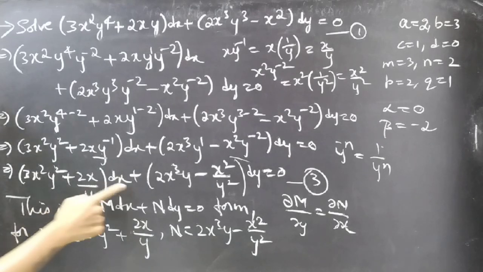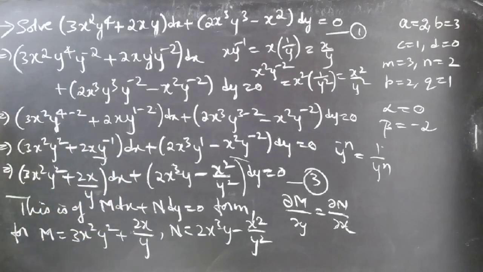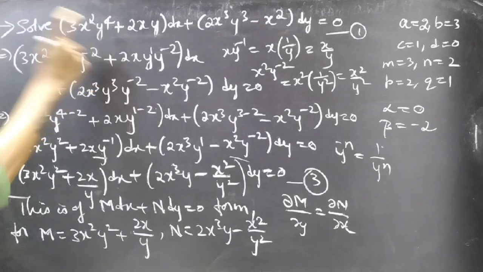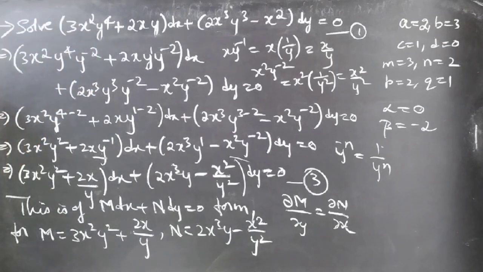So if it is an exact equation, then using the general solution of exact equation procedure, we'll find the general solution to equation 3, which will be the required solution to equation 1. So let's see that.